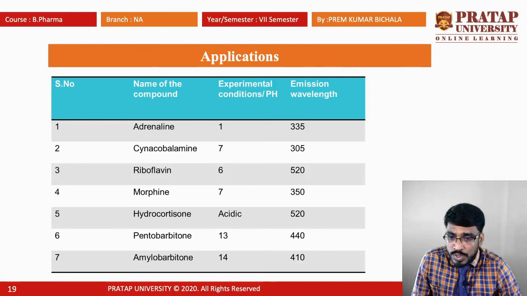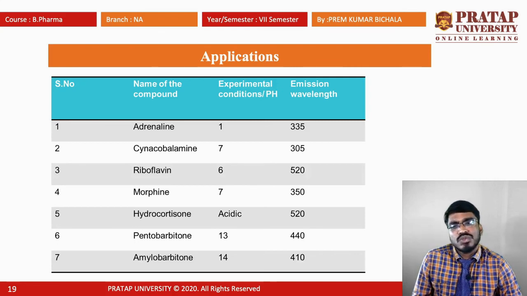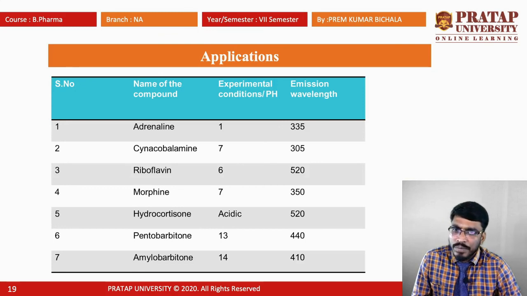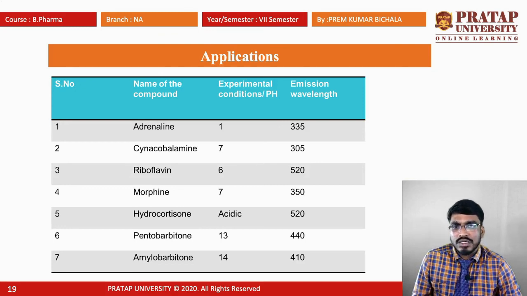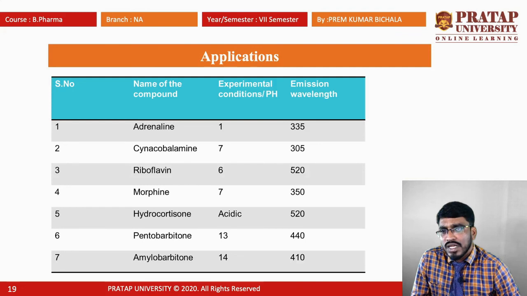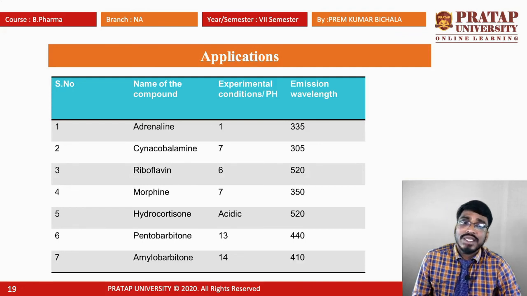Then phenobarbital and amylobarbital, these two drugs we can identify by using strongly basic pH, with different emission wavelengths: phenobarbital at 440 nanometers and amylobarbital at 410 nanometers. So apart from these, adrenaline we can estimate in highly acidic conditions.